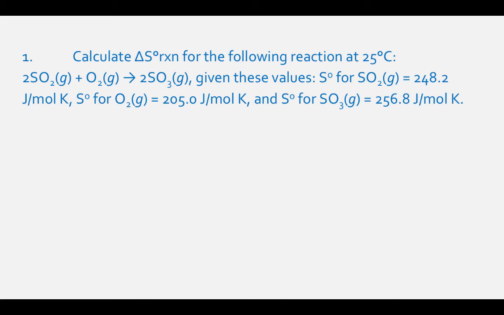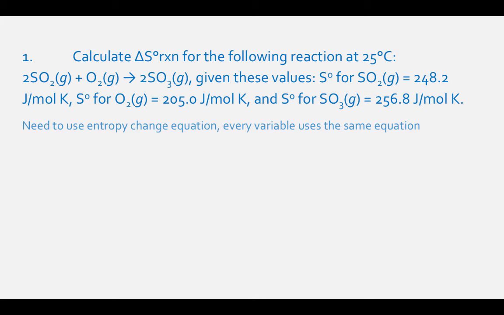Given these values, S naught for SO2 gas equals 248.2 joules per mole Kelvin, S naught for O2 gas equals 205.0 joules per mole Kelvin, and S naught for SO3 gas equals 256.8 joules per mole Kelvin. The equation to solve this problem is the equation we introduced for solving entropy changes.